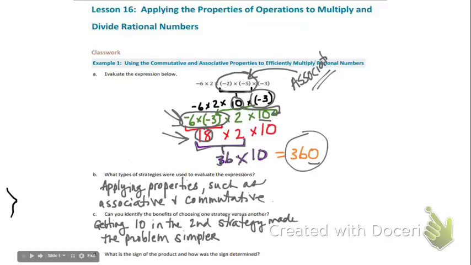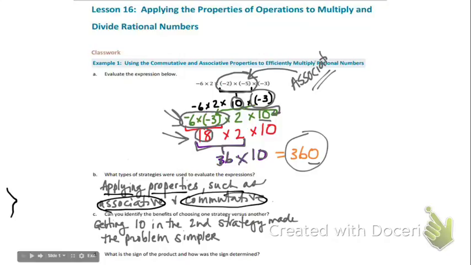Okay, let's look at B and C and D as well. I haven't written the answer down to D yet, but we can do that together. B asks, what types of strategies were used to evaluate the expressions? We talked about this already. It's good for you to have it in your notes. We applied properties such as associative and commutative.